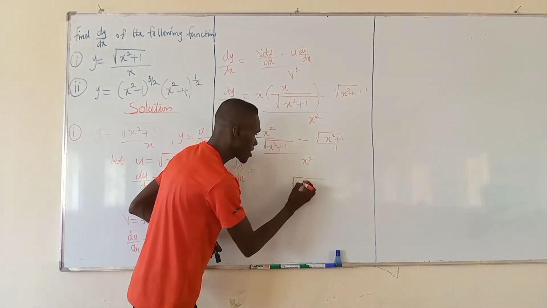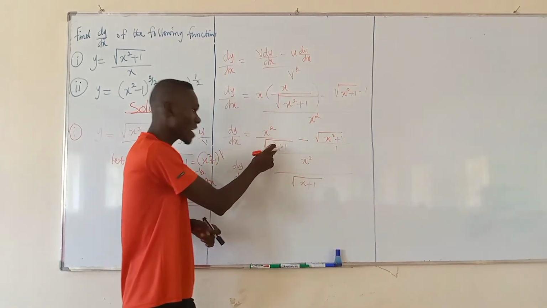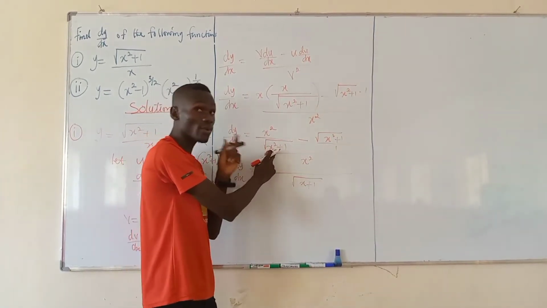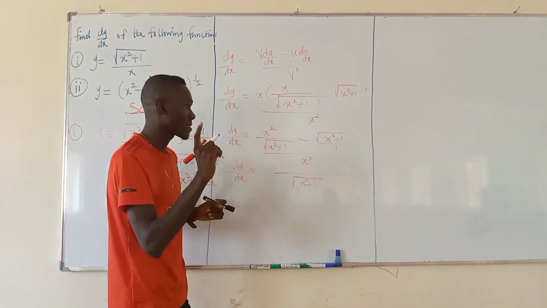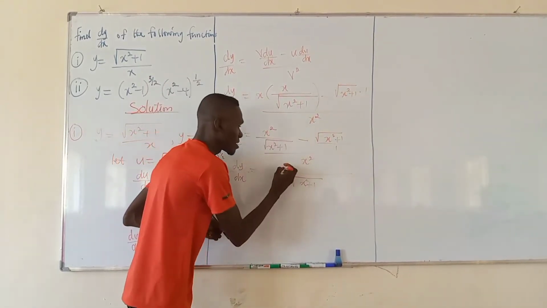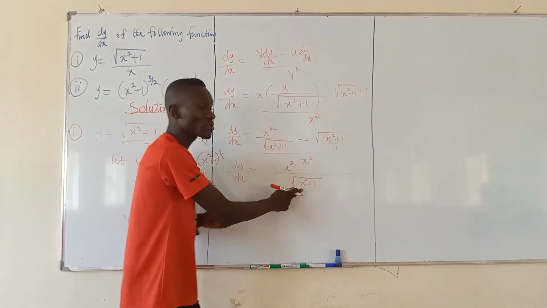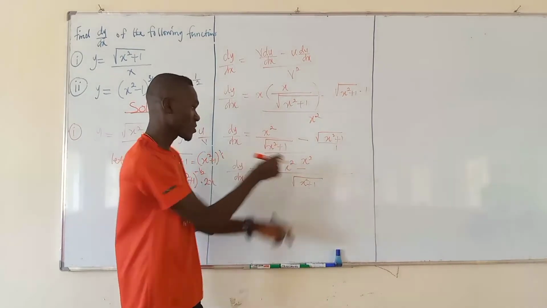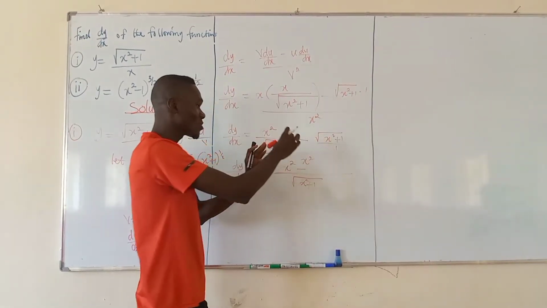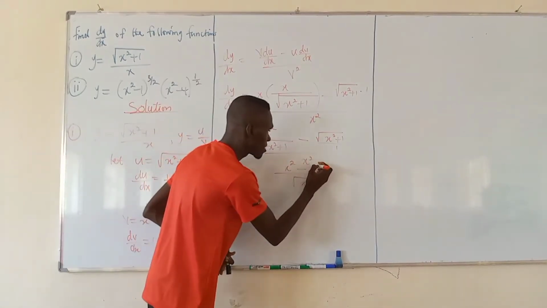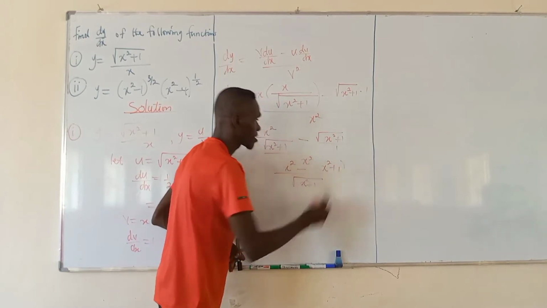I'm going to have the square root of x squared plus 1. I'll make a line, because the square root of x squared plus 1 into the square root of x squared plus 1, that's going to be 1. Then 1 times x squared, that's going to be x squared. I have a minus 1 into the square root of x squared plus 1, that's the square root of x squared plus 1 times the square root of x squared plus 1, which is just what is inside: open bracket, x squared plus 1, close bracket.